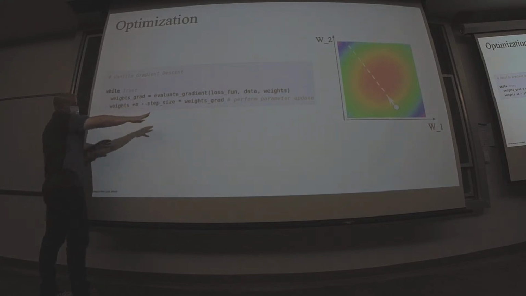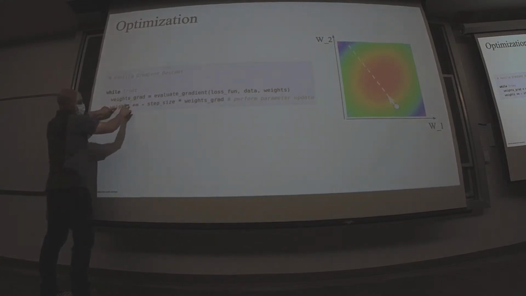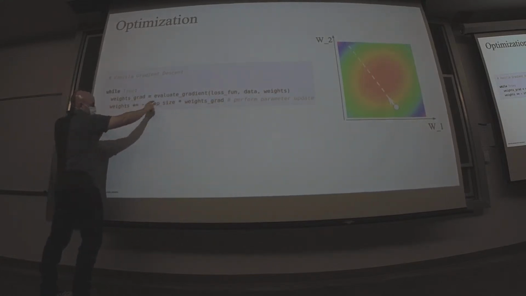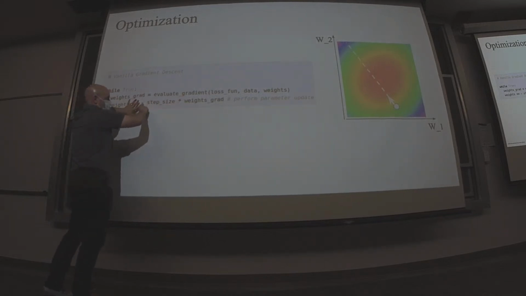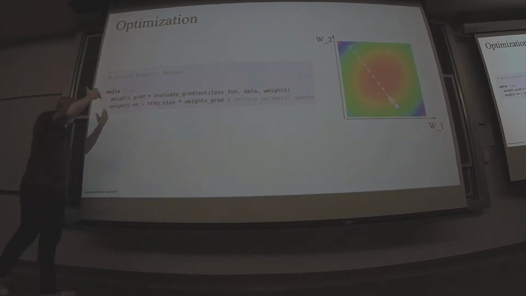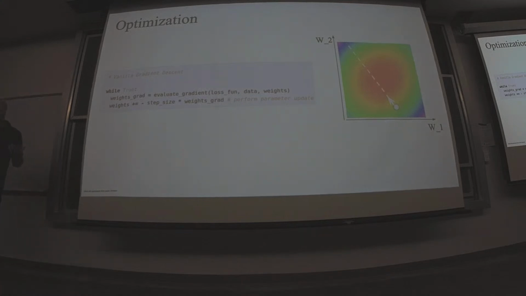This is a plus equals operation, which just means weights equals weights plus this whole thing, where it really is minus this. You pick some step size, known as the learning rate, which determines how much of a step you take in that direction. This is the basic thing.